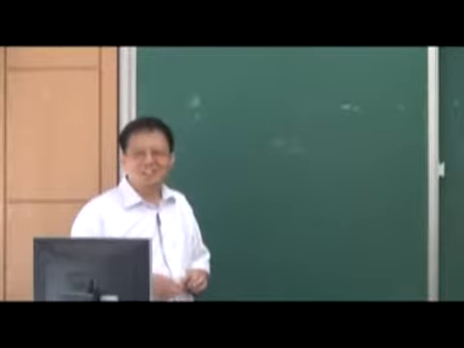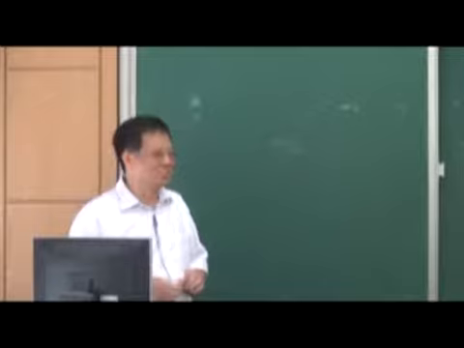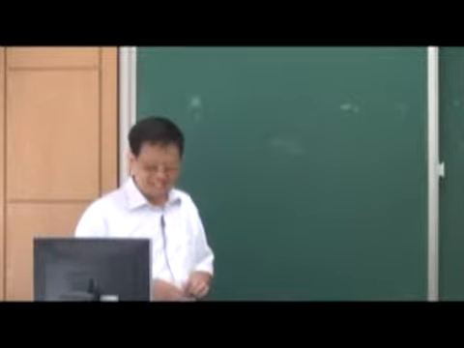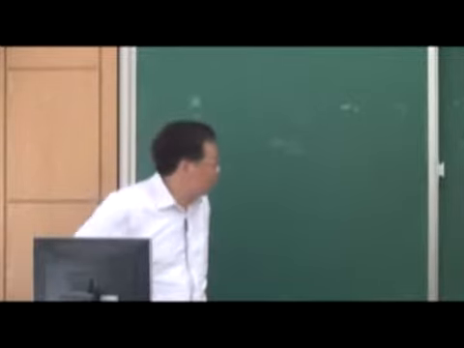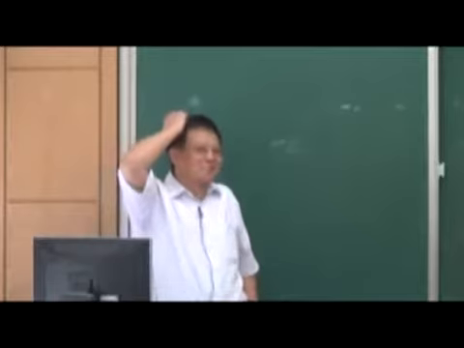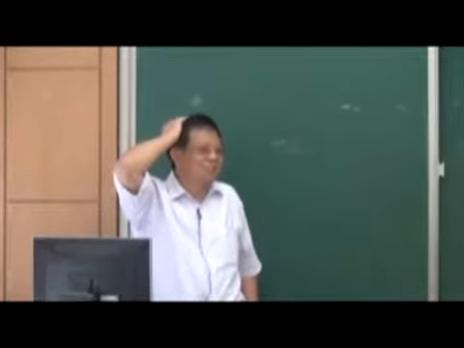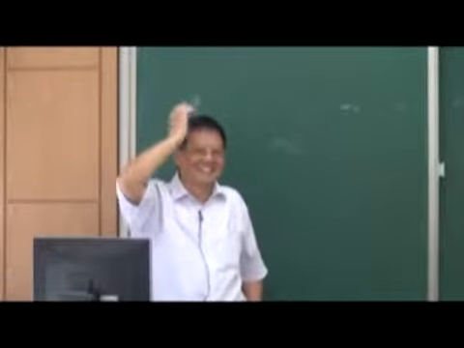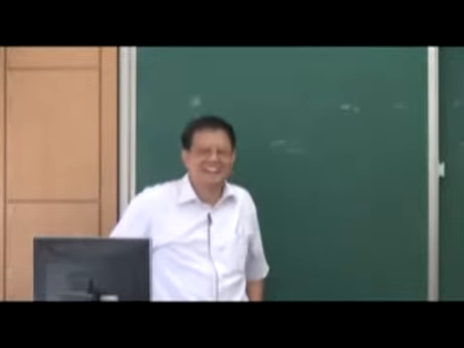But now it looks like even the first part may be too easy for most of you. So the first part, how many of you have been working with the ROF model, the Rudin-Osher-Fatemi model? She must know, right?